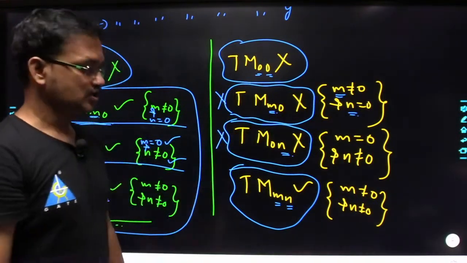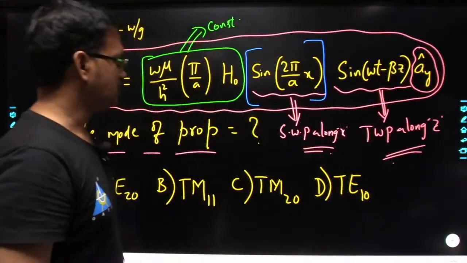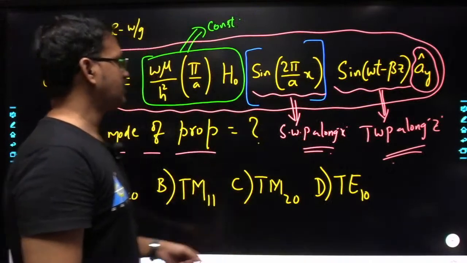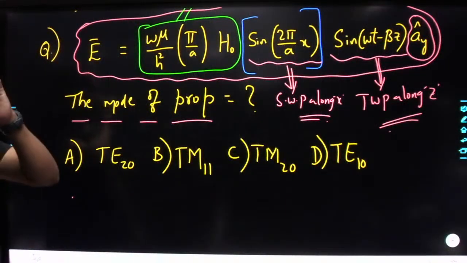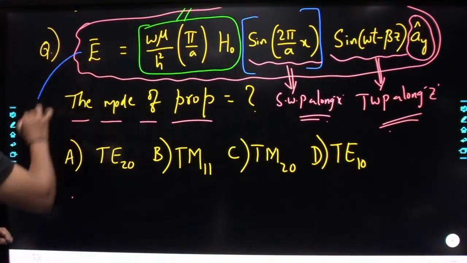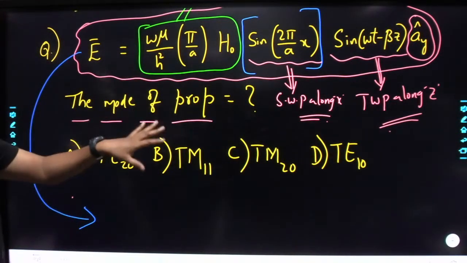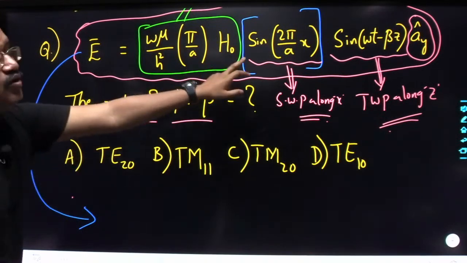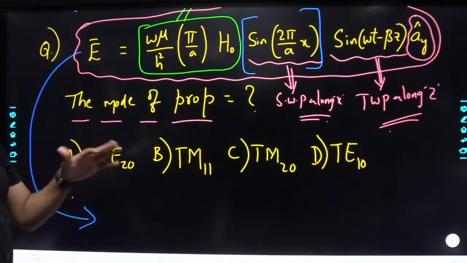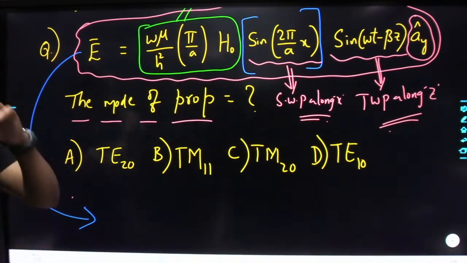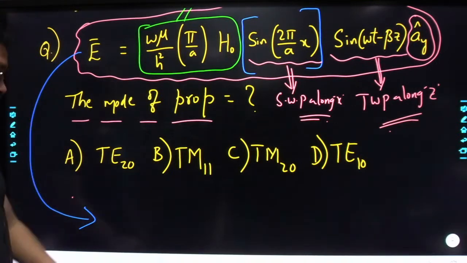TM mode. So we can conclude that this given expression, or this field, is nothing but the field of a TE mode. It doesn't represent TM mode because you are having only one standing wave pattern, which is not at all possible in case of TM mode, right?